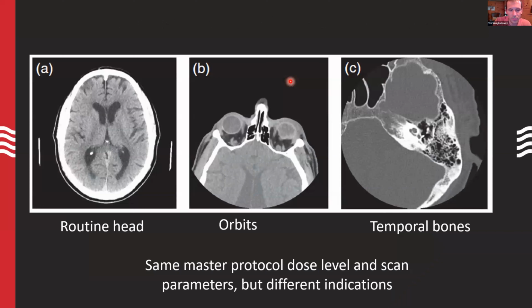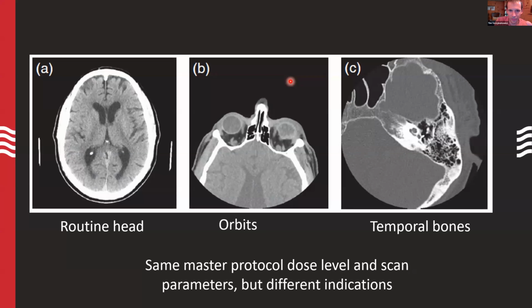All right, so when we start thinking about these doses and using this master protocol concept like this, you get some benefits. One of them I'm showing here, and that is you can have one dose bucket that you use for multiple indications. At our institution, we use the same dose bucket for routine head, orbits, and temporal bones. So this would all be one master protocol at our institution.